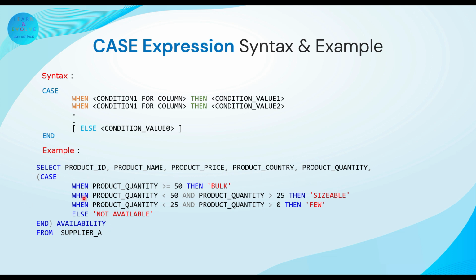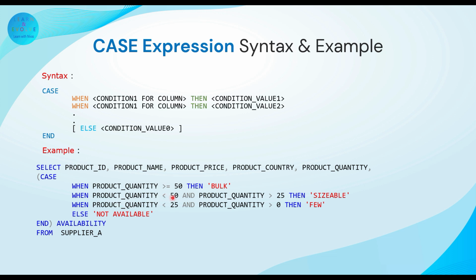So this does some operations: based on certain conditions, it will print a value. Here, if the product quantity is greater than or equal to 50, we say it is a bulk quantity.